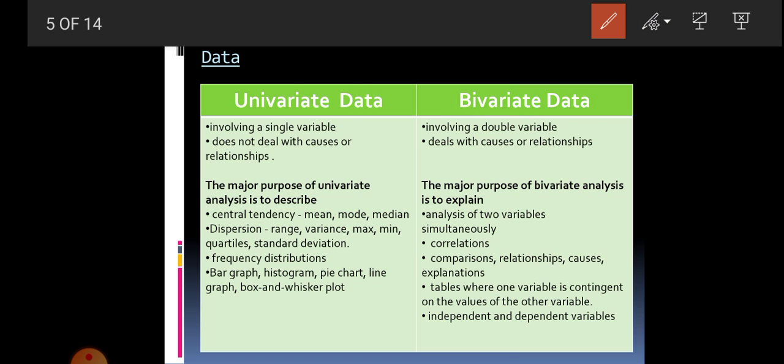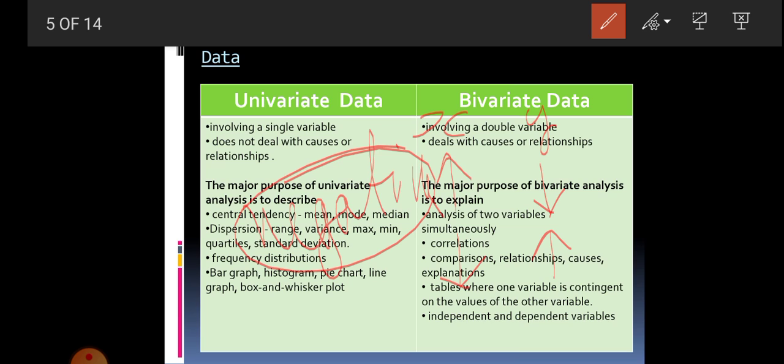Now I'm talking about negative correlation. In negative correlation, suppose x is increasing and y is decreasing, or x is decreasing and y is increasing, then this kind of correlation is known as negative correlation. Like if you increase the number of workers, then the time taken to complete a work will decrease.